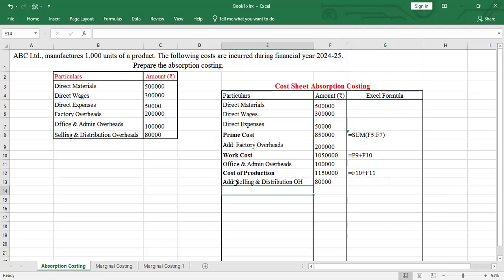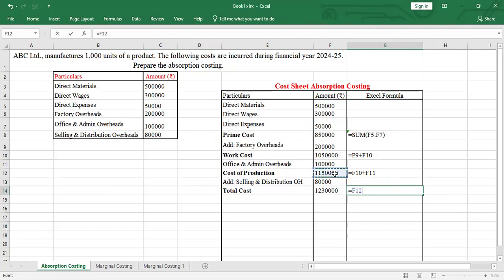If we add that particular amount, we will be getting total cost, which is 12,30,000. How we are getting this 12,30,000?